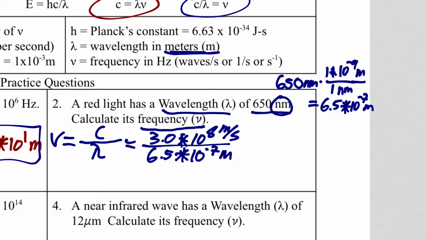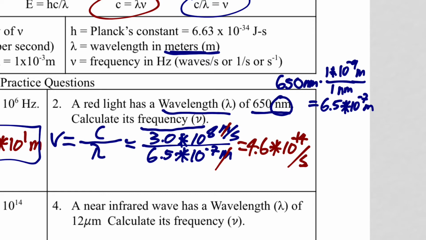In this case, the meters can cancel each other out because they're the same thing on the two sides of the equation. So you can do 3 divided by 6.5, and the exponent works out to 10 to the 15. If you put it in the calculator, you should get 4.6 times 10 to the 14, and that's per second.